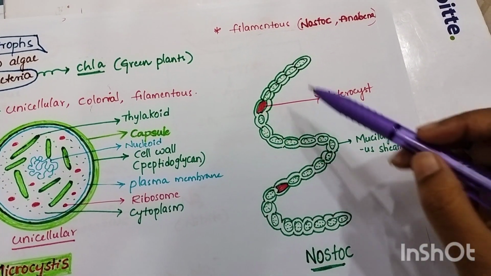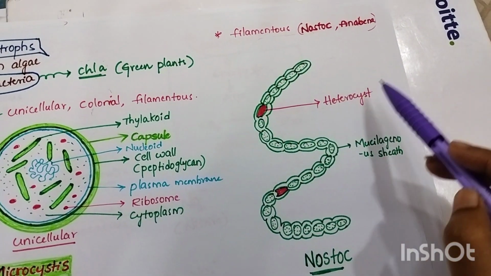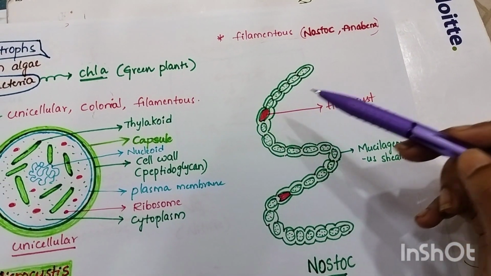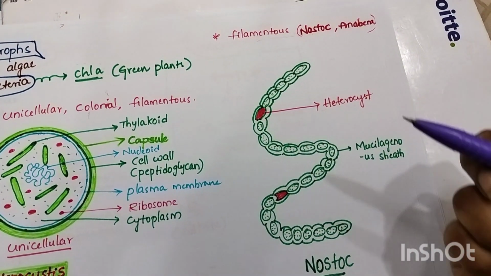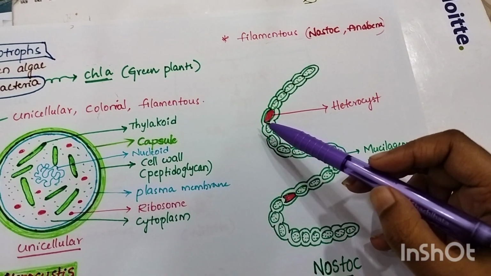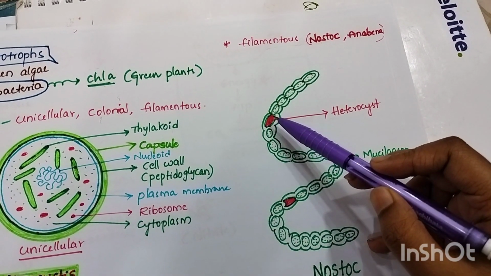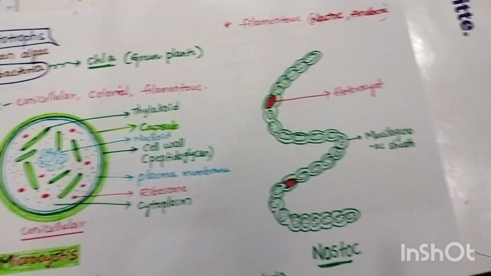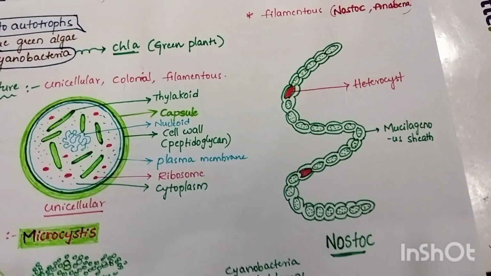So for example, there is some nitrogen around surrounding this bacteria. This bacteria will trap that nitrogen and fix it here in this specialized structure called heterocyst. So this filamentous bacteria helps in fixing of nitrogen.